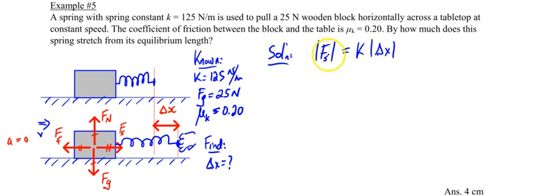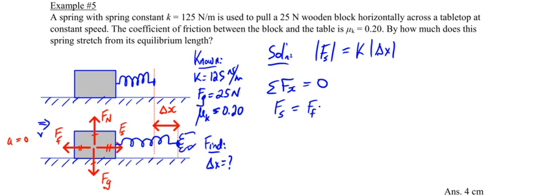It'd be nice if they just told me the spring force, but that's not that easy, actually. So how do we find the spring force? What's the spring force equal to? The frictional force, because it's balanced, remember? So the sum of the forces in the x direction balance out to be 0. These two must be equal to each other. The magnitude of the spring force must be equal to the magnitude of the frictional force.